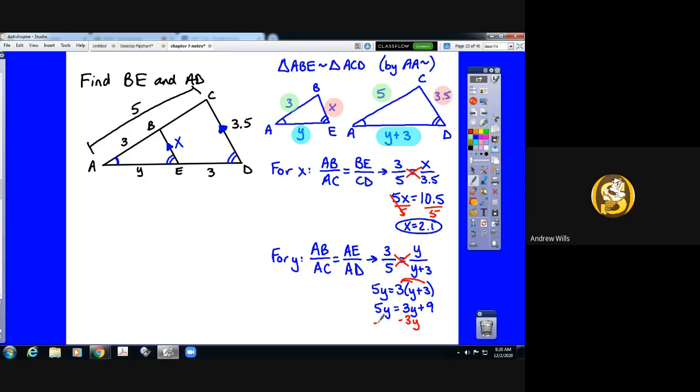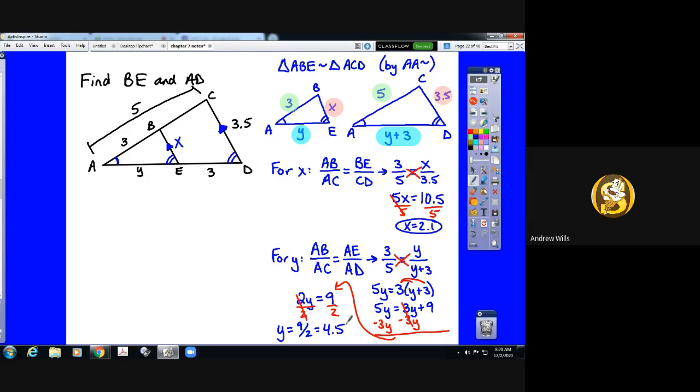I'm also going to move it up here. That gives us 2y equals 9. And then we divide by 2, which gives us y is 9/2 or 4.5.